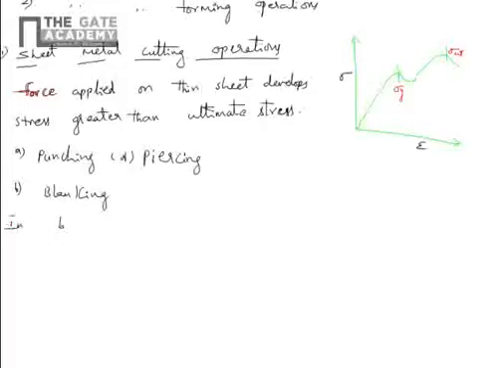In both punching and blanking, this is the punch, this is a die which supports the operation, and this is the metallic sheet.